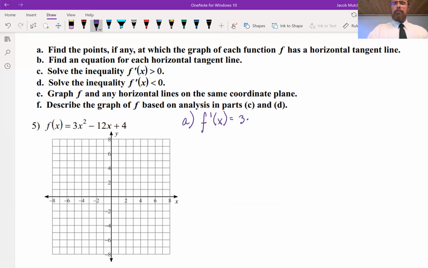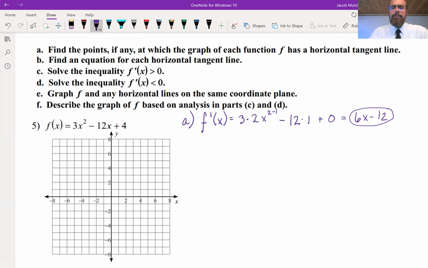Simple power rule brings down the power as a coefficient times the base to the old power less 1, minus the constant multiple rule has the 12 sit there. Derivative of the linear parent x is just 1, and then the derivative of a constant is 0. So that gives me the derivative of f of x as 6x minus 12.